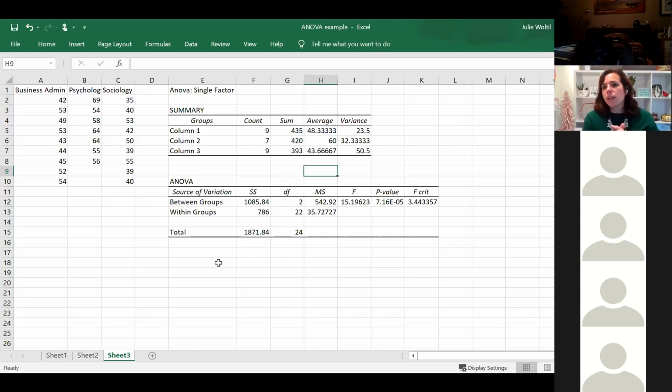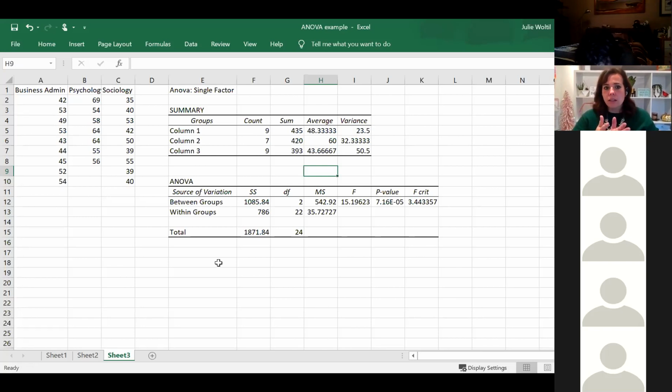That's really the only question we can answer. We cannot answer which one is higher or lower, right? Like, we can't parse them out. We're just looking at, is it all equal, which would be your null hypothesis, mean sub 1 equals mean sub 2 equals mean sub 3 equals mean sub 4, or are they unequal, meaning there's at least one that's different.